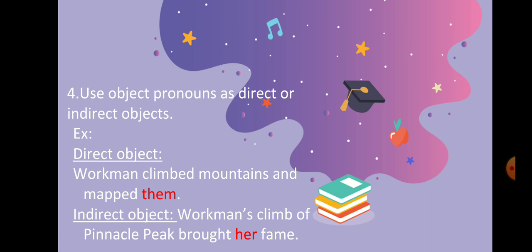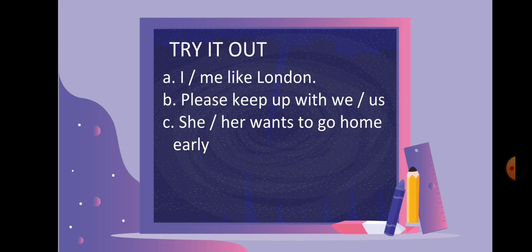Workman's climb of Pineapple Peak brought her fame. What is the verb of that sentence? Brought what? Fame to whom? To her. Her is an indirect object, and that indirect object is an object pronoun. Okay, let's keep going.